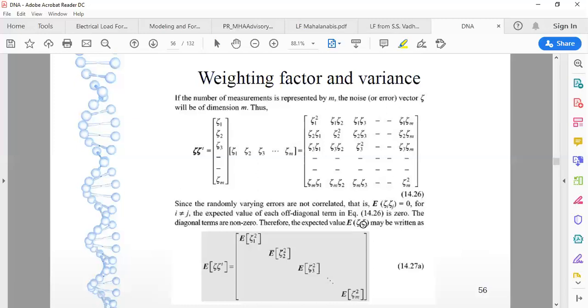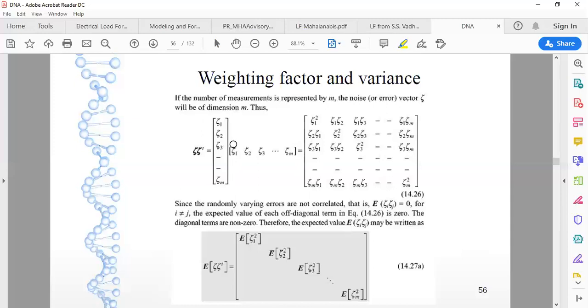So one of them will be transposed. Hence, we find zeta squared by using zeta into zeta transpose. If I have m number of instruments, zeta is a column matrix m cross 1, and zeta transpose will be a 1 cross m matrix.